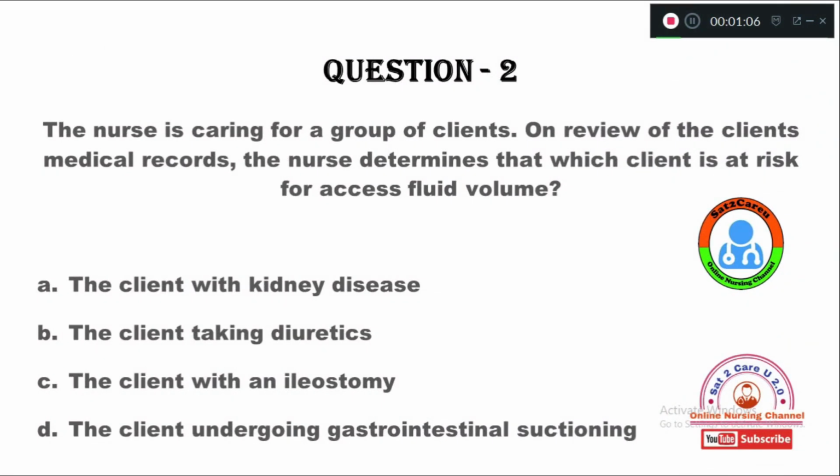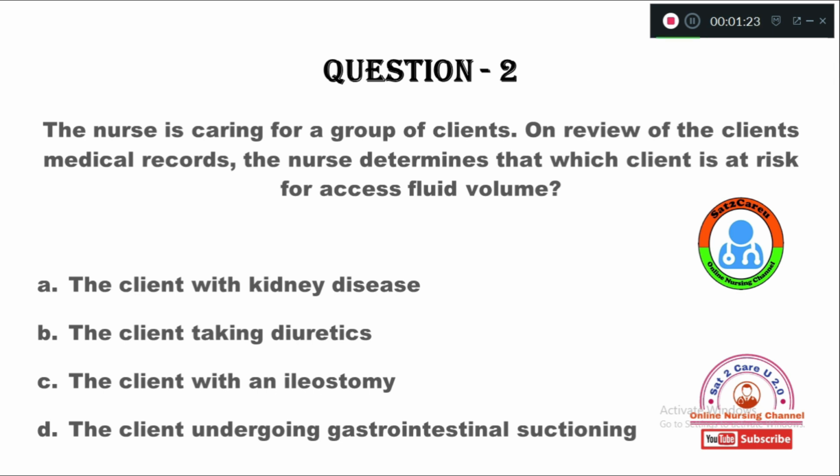Question number 2. The nurse is caring for a group of clients. On review of the client's medical records, the nurse determines that which client is at risk for excess fluid volume.